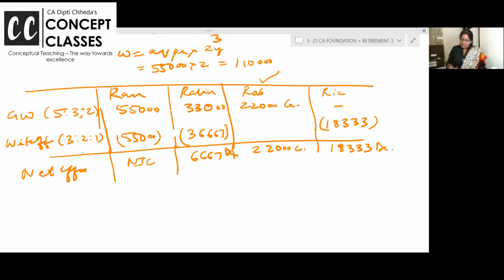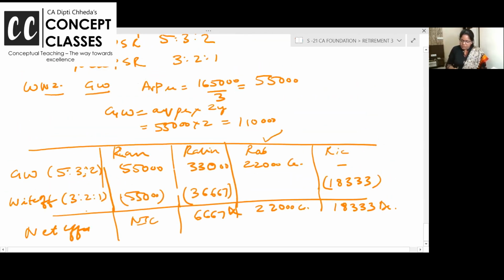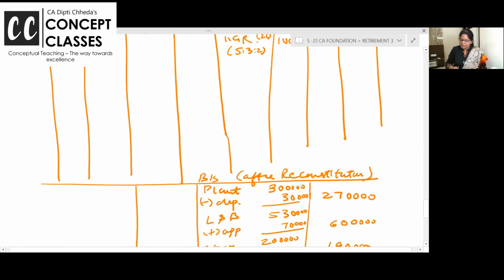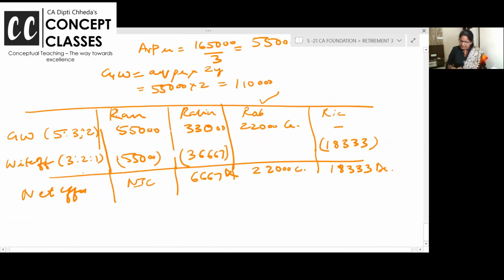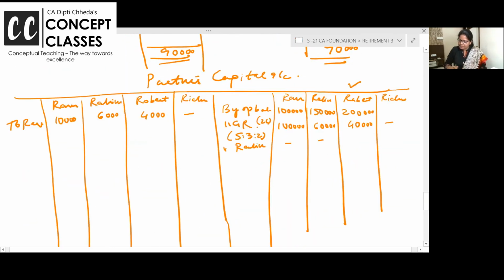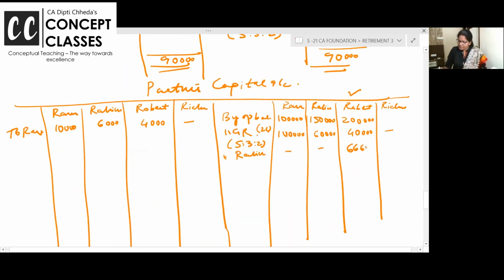Correct. So give 22,000 goodwill to Robot. Who will give? Ram, so it is nil. Rahim is giving 6,667. Richard 18,333.